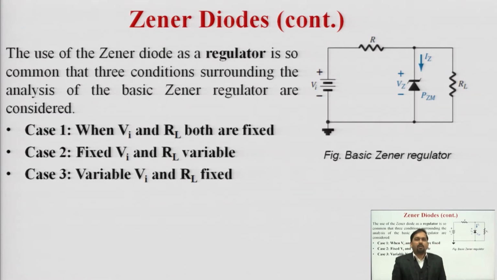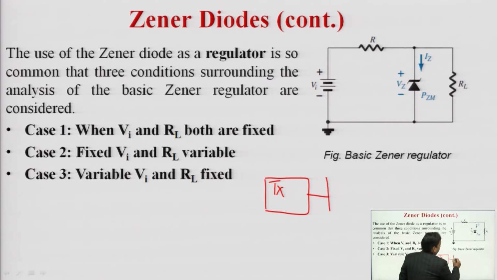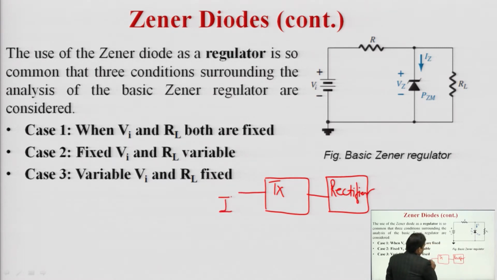Now, in any power supply, first we have the transformer, next we have the rectifier. We have already seen that if we apply a 220 volt input, this rectifier converts an AC signal into a pulsating DC.